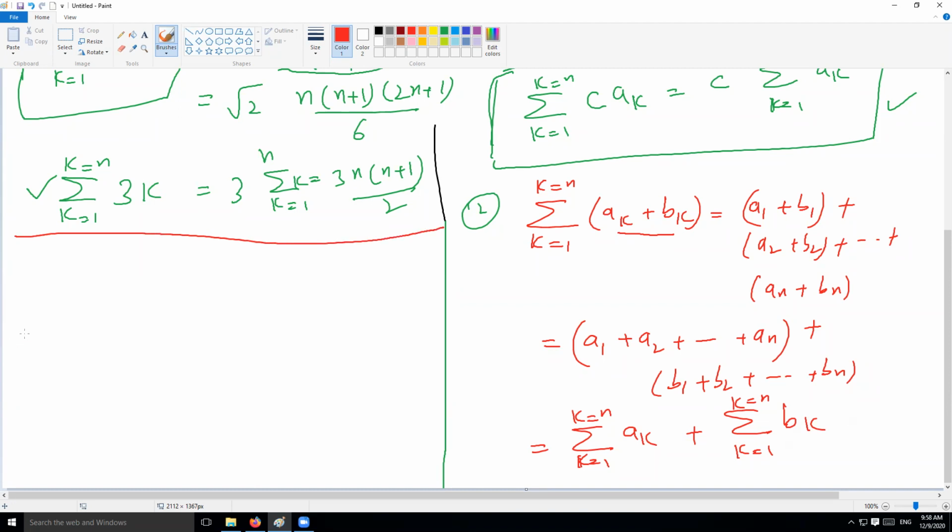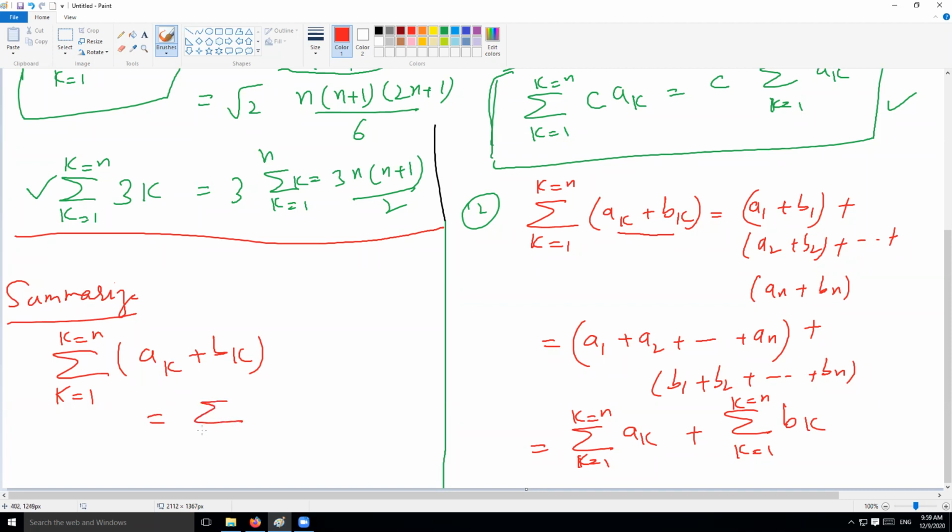So if I summarize this, if you have to sum, from k equal to 1 to k equal to n, the sum of two sequences, ak plus bk, then this is the same as the sum from k equal to 1 to n of ak plus the sum from k equal to 1 to n of bk.